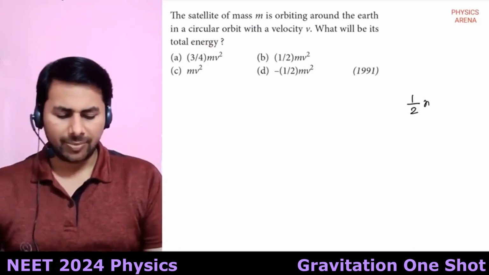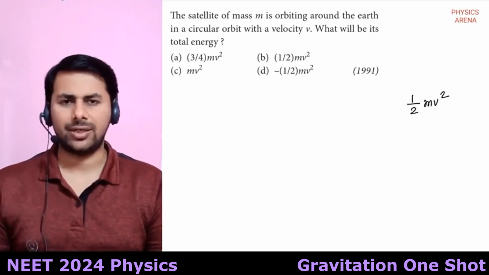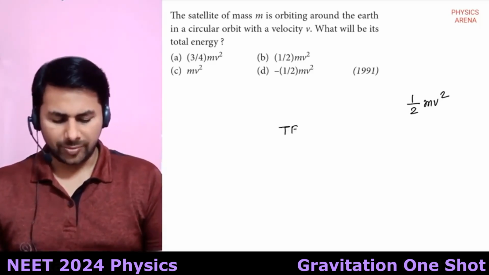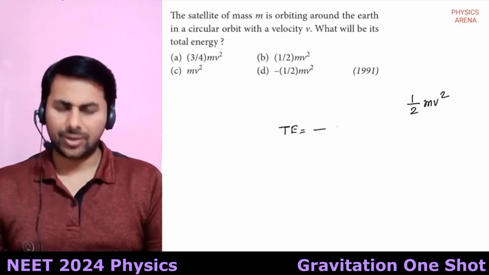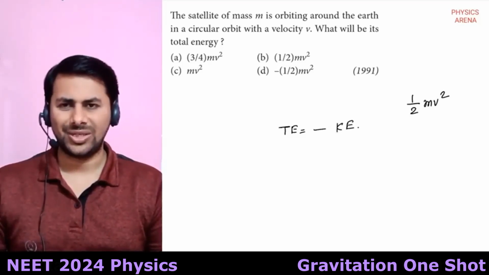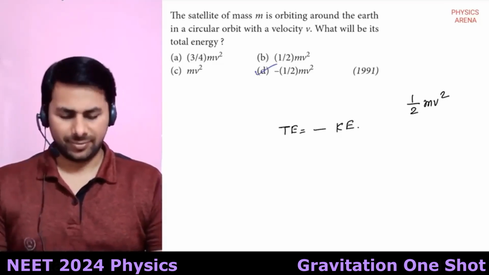Kinetic energy is half mv squared, and we have seen the relation between total energy and kinetic energy. It is minus of kinetic energy. So it is option D, right?